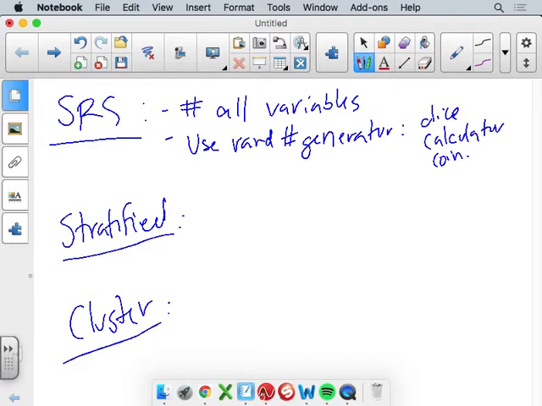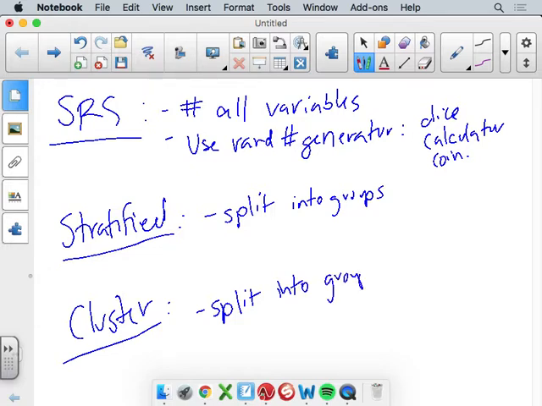Stratified and cluster are first, you split into groups. Actually both of these, for the purposes of this, split into groups.